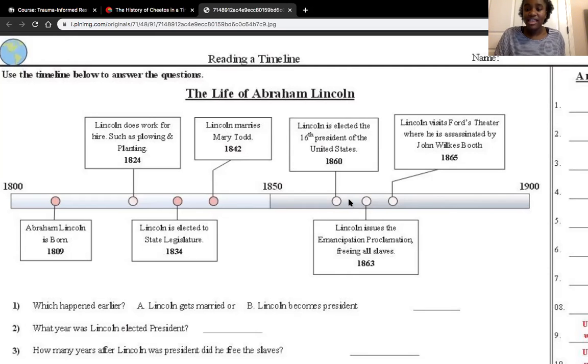Then he freed the slaves in 1863. So how much time went by until all the slaves were free? So this one's kind of easy because you can do this one in your head. But if you want to pause it and work it out, which I would prefer, then you can do so now.